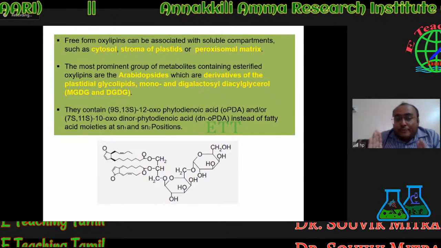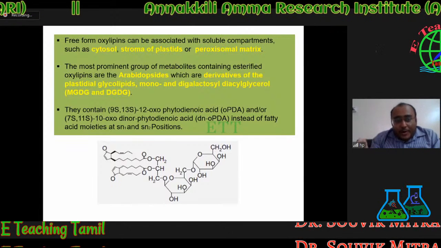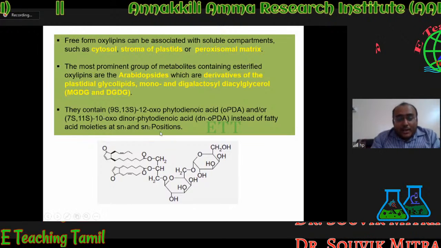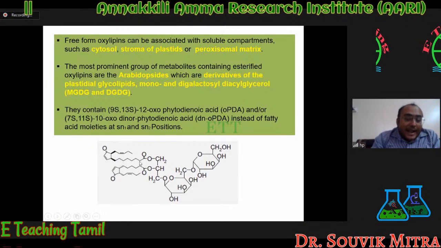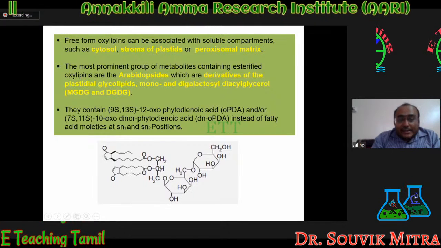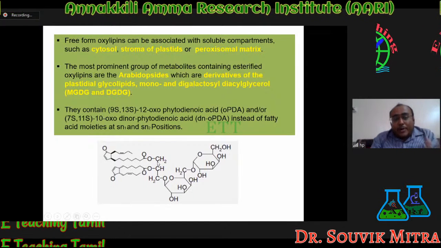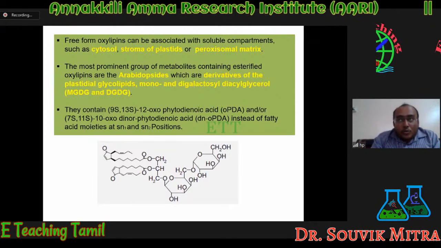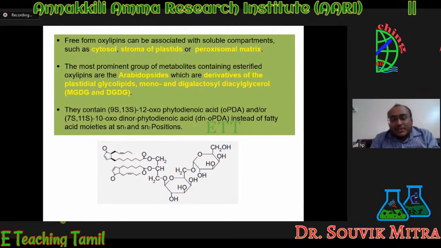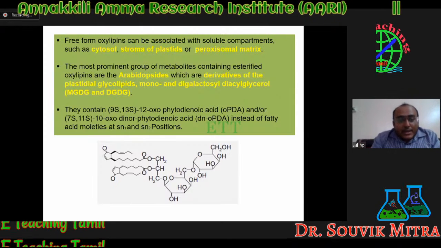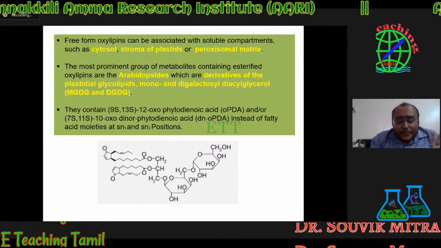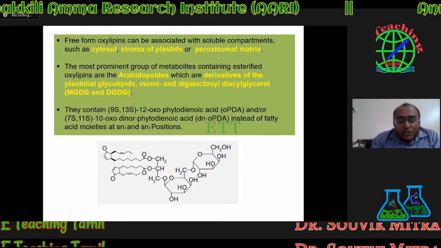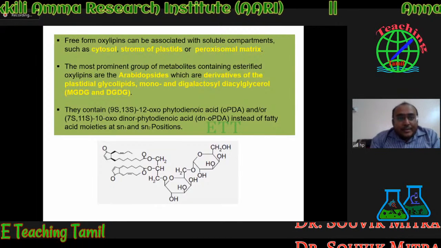Arabidopside is a very important compound, where, as I have already told, these modified fatty acids are attached at their SN1 and SN2 positions. This compound is now known and some researchers are working on it, but its significance is not that clear till now.